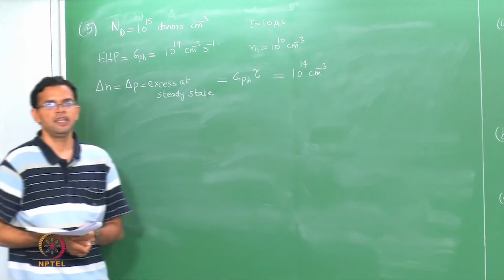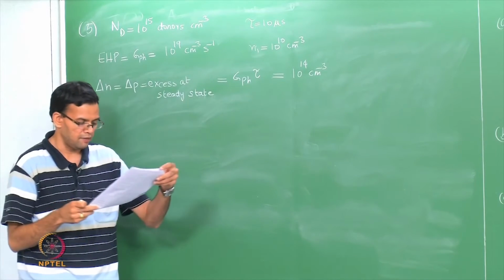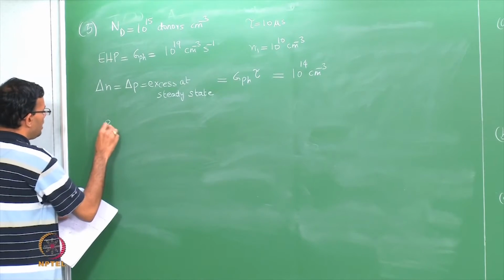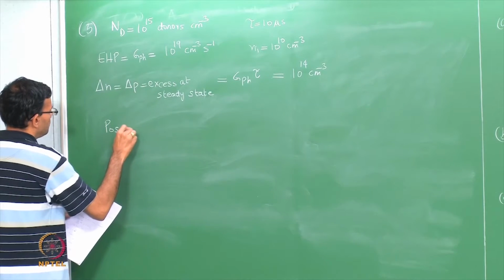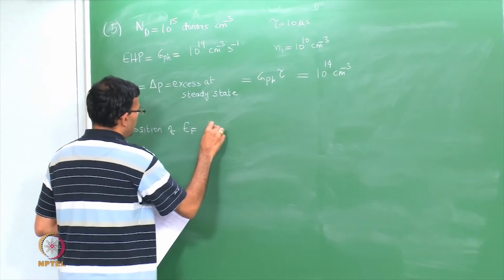Before shining light we can calculate the position of the Fermi level, EF, before shining light.